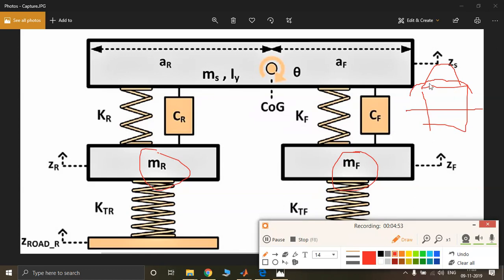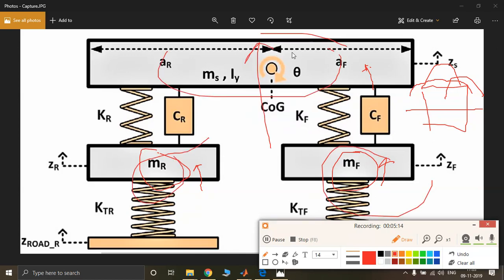In India you can also see that only one side of the car goes into the bump. This part will first go up, then this part will go up. So again there will be a tilting motion. Now in this case it will not be pitching, it will be rolling. Similarly first, second, third, and the tilting is called fourth. So the degree of freedom of the half car is 4.